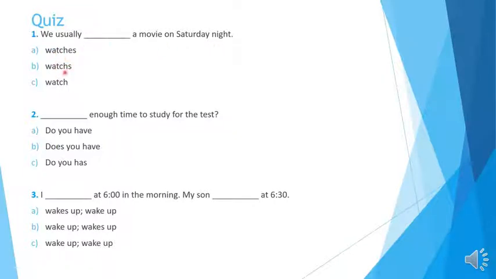Select the correct verb and write it here. Simply you can put A, B or C. And the second, blank enough time to study for the test. So you have 3 options.